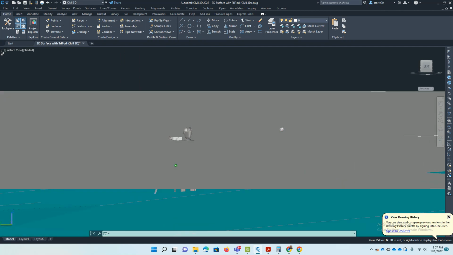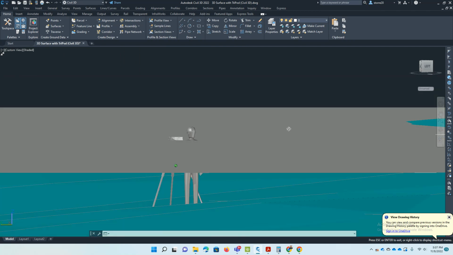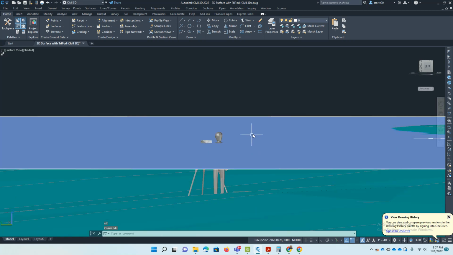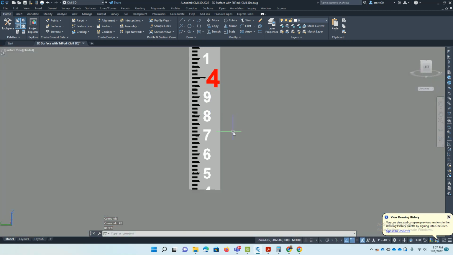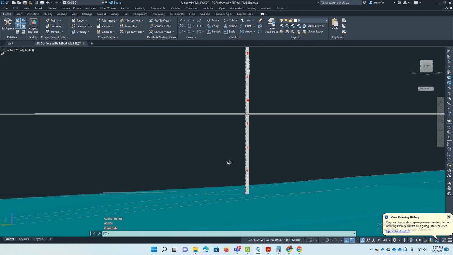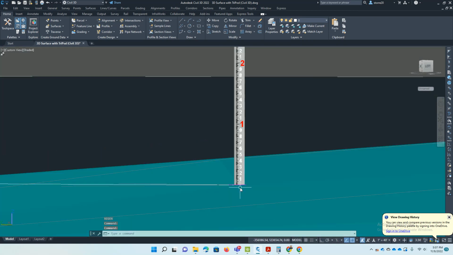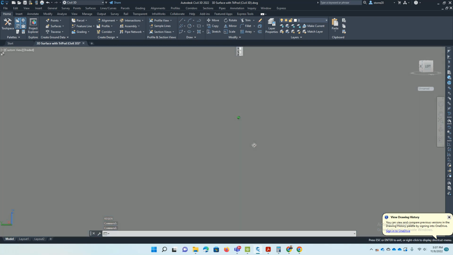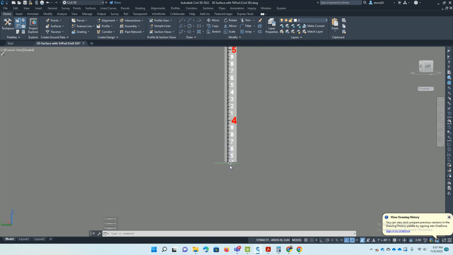So that's our HI. But to get the HI elevation, I need to take the reading of the rod. Right now, from that point on the ground that we already know, with that elevation of 4236, I'm going to plus it by whatever I'm reading. So this is a 4 right in here.